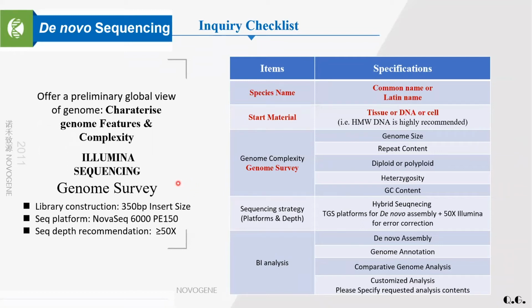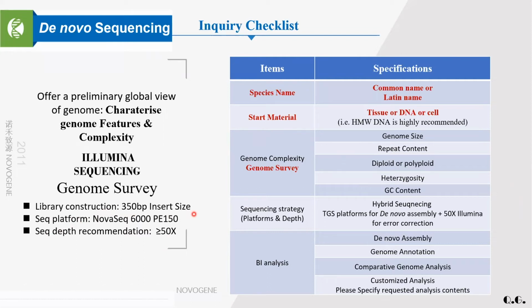However, in case of the lack of this information, we highly recommend our clients to perform a genome survey on Illumina with over 50 times sequencing depth of 350 base pair insert size libraries.